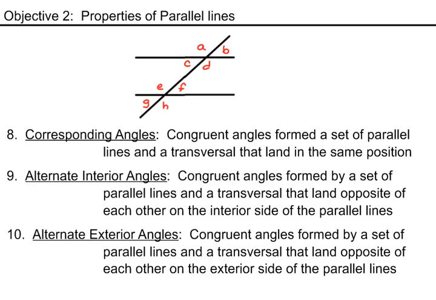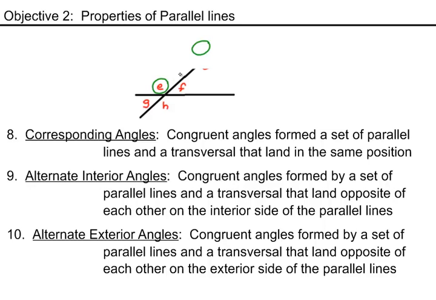So now let's look at this for a second. I'm going to first look at angle A. I want to look for the angle that lands in the exact same position. If I cover up my top, I can see that angle E lands in that exact same position. It lands in the upper left side.